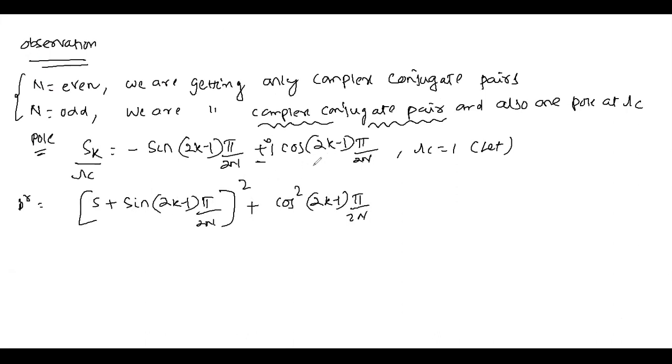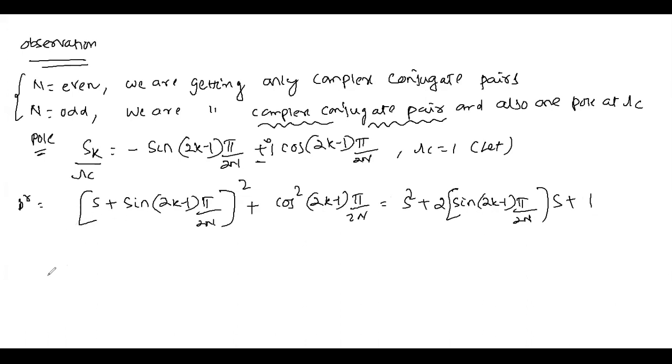Because it's a complex conjugate pair, we get s squared plus 2 sine of (2k minus 1) pi by 2n times s plus 1, since sine squared theta plus cos squared theta equals 1. So this is your denominator.